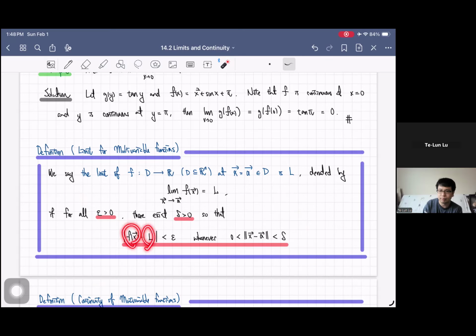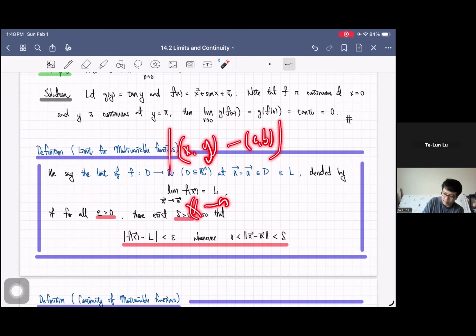The difference between this and our previous definition is that I add a vector notation here because we're treating points in an n-dimensional space instead of a real line. The distance we're using here is the distance we defined in 12.1, the usual Euclidean distance, meaning that, for example, xy to AB has a distance like this, taking the square root.